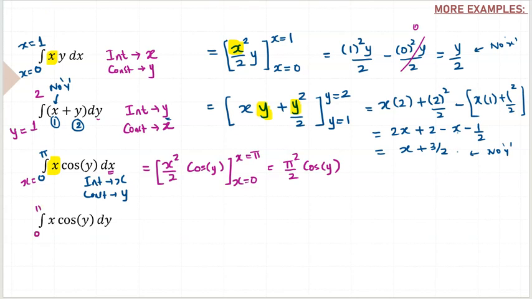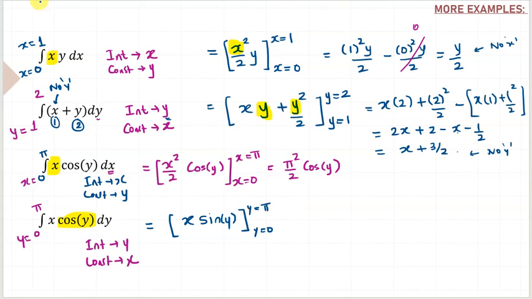Similarly, if you have 0 to pi, x cos of y dy, here you will be integrating with respect to y, constant will be x. So these are the limits of y. You have to integrate cosine y. This gives you x times the integration of cos y, which is sine of y, with limits for y from 0 to pi.